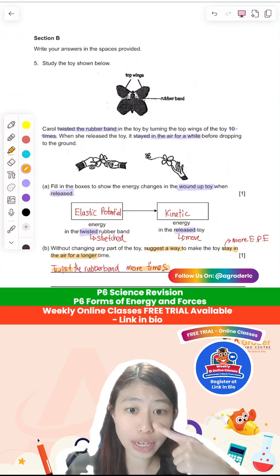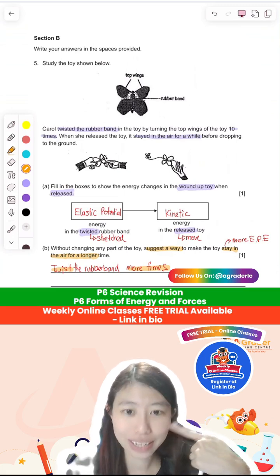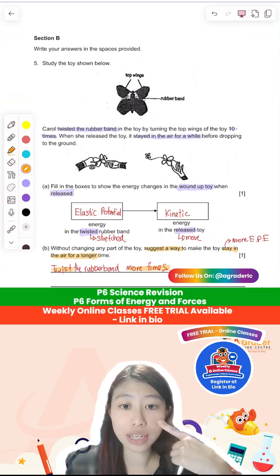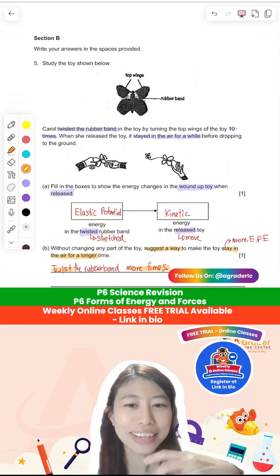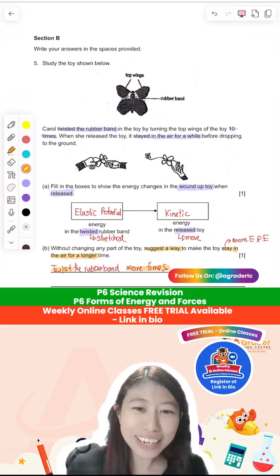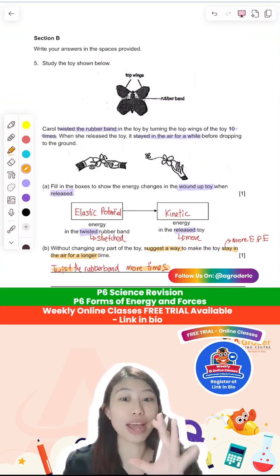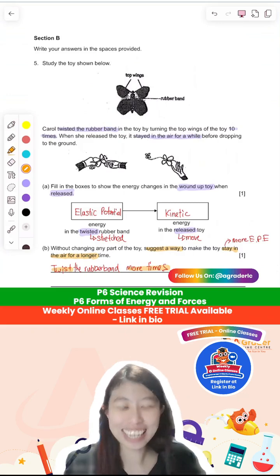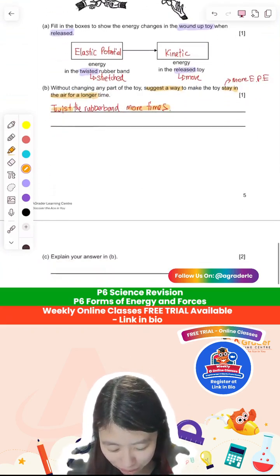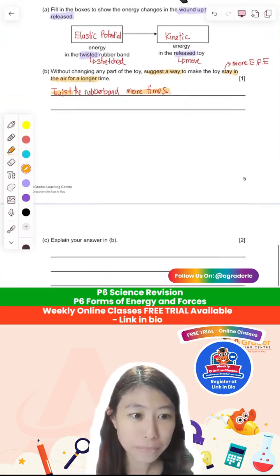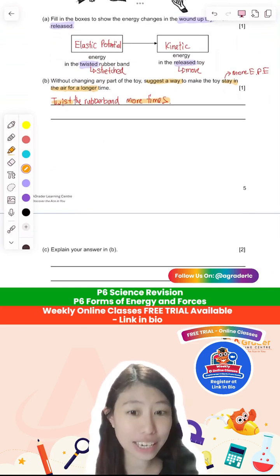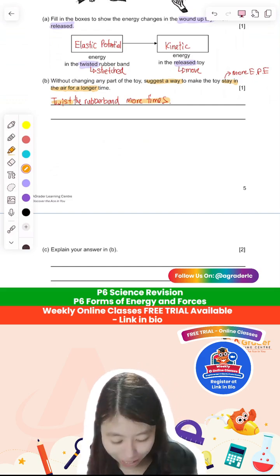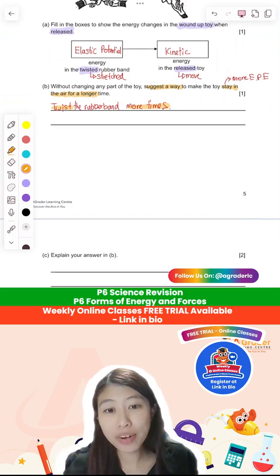Letting it go at a higher height is not wrong also, technically correct. Use a fan? You all start adding other things already. We try to do what we have with the toy. Don't add things in the experiment. Okay, everybody, all right?